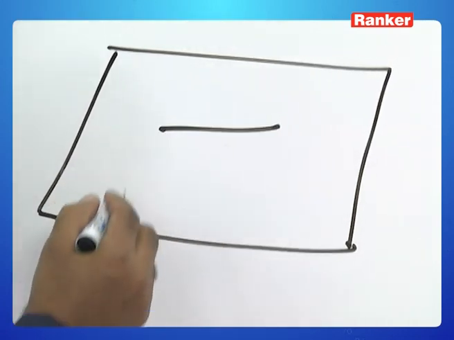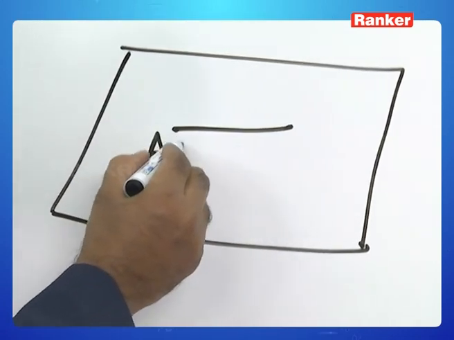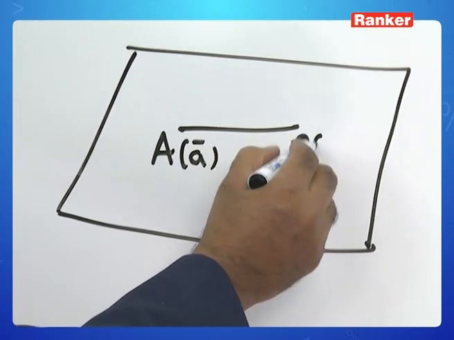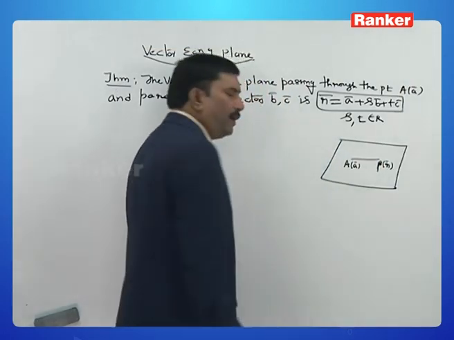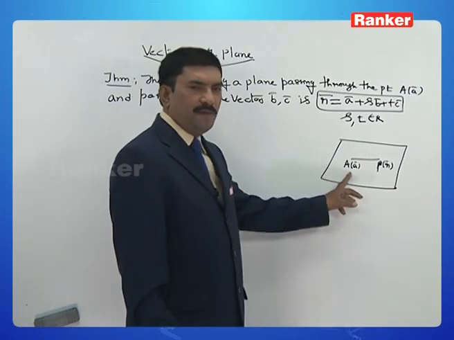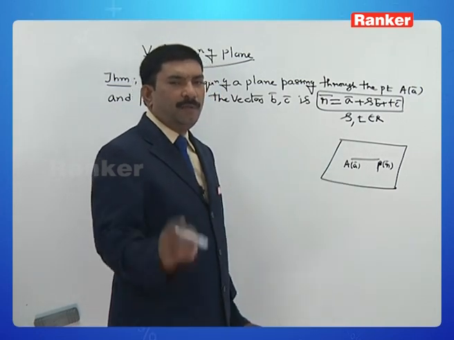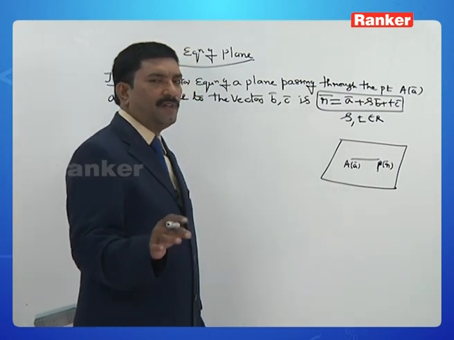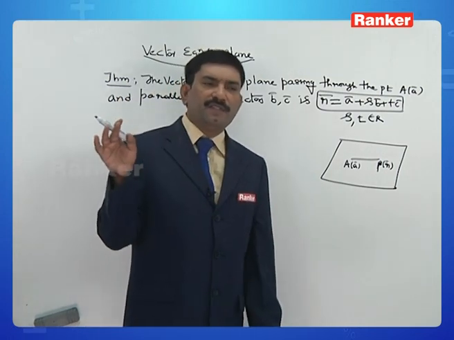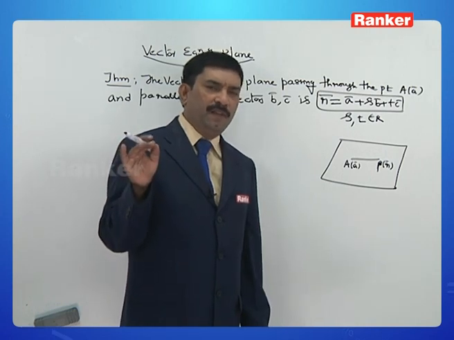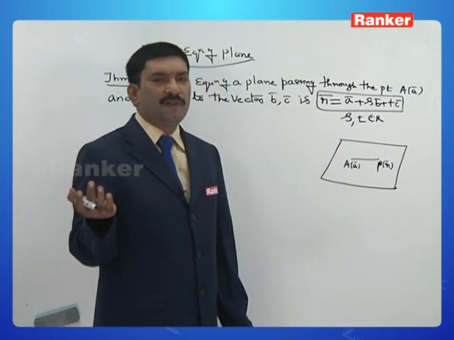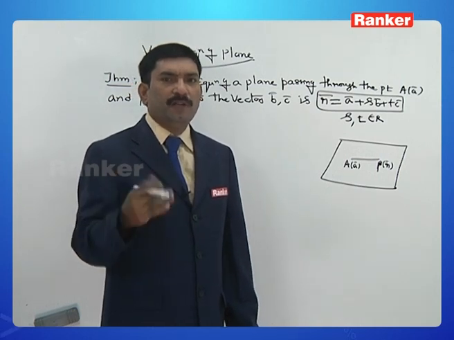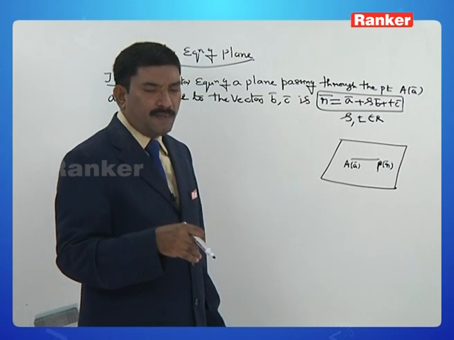This plane is passing through the point A bar. Remember, whenever one point is given, either in the vector equation of a straight line or the vector equation of a plane, you have to consider the unknown second point P as R bar. Why? To name it as a line or a plane.